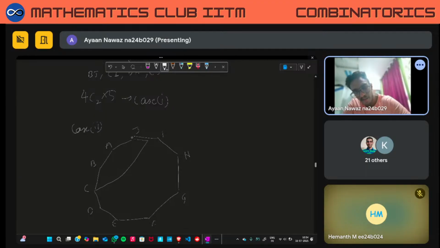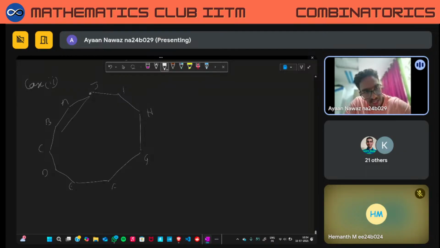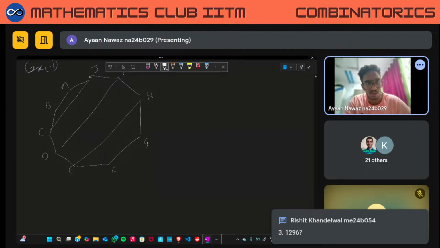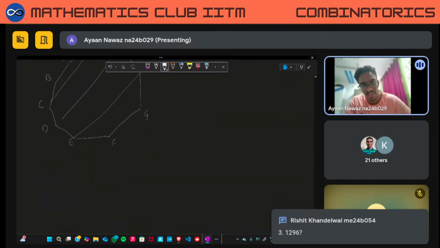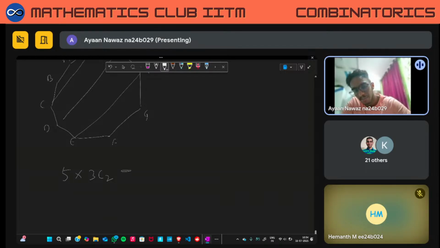We'll take CJ, DI, and EH. Right? So there'll be three, and again there'll be five such sets, because again 2 points, and we can keep shifting them. When it comes back to the reverse point, it'll be the same thing. So five sets, and out of these three, we have to select any two because we need a pair of parallel diagonals. So 5 into 3C2. That'll be in case 2.